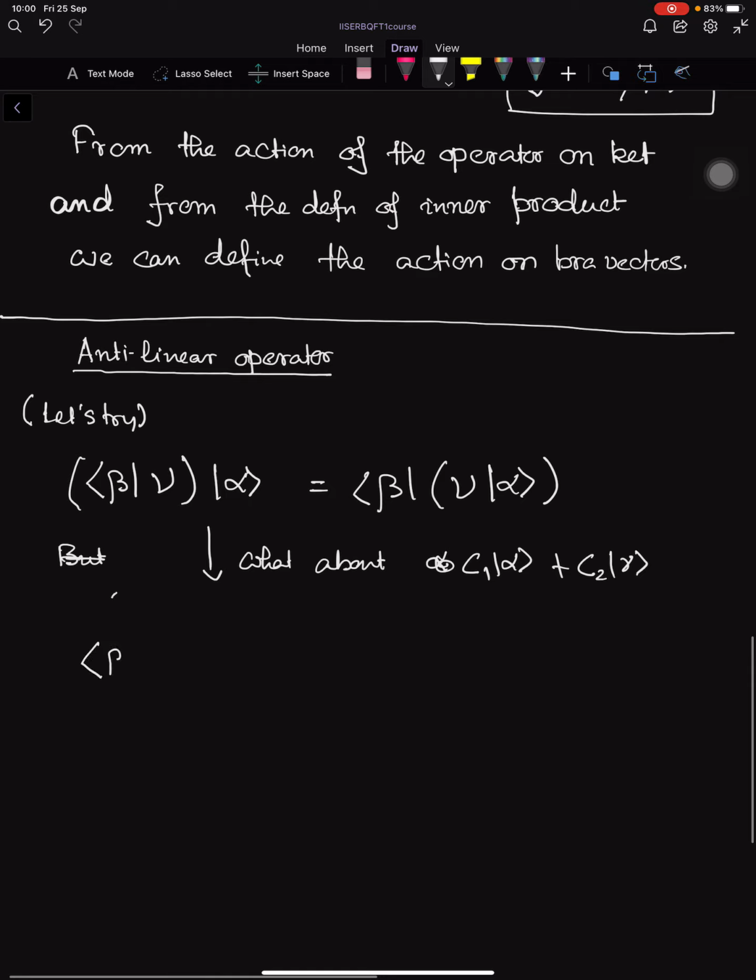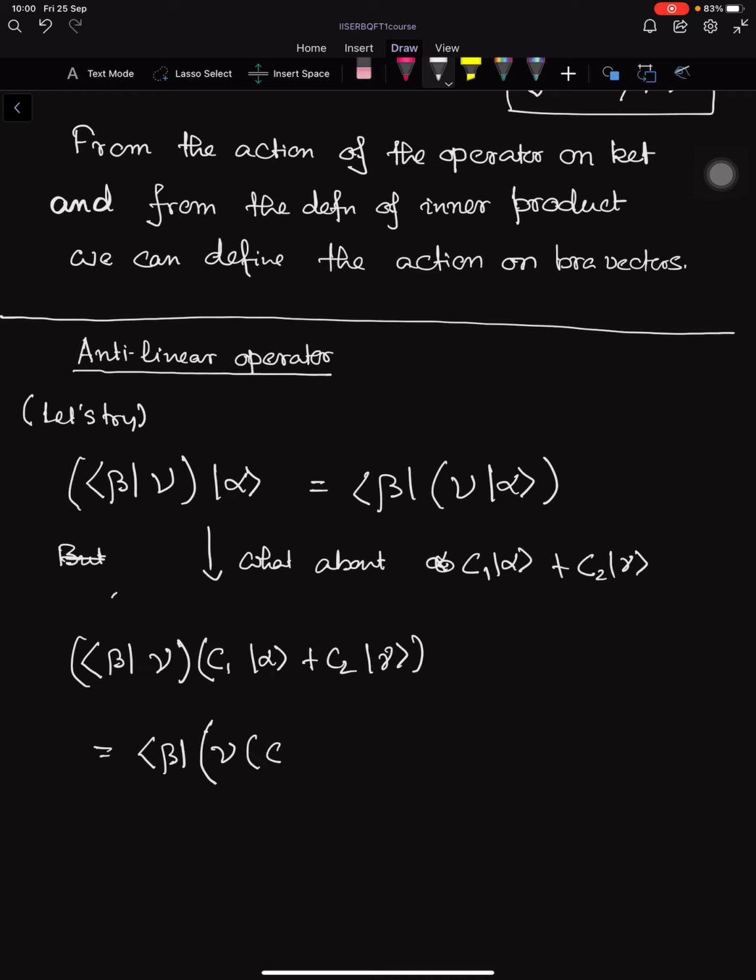Let's say beta V acting on C1 alpha plus C2 gamma. If I had defined it in this way, this will be the same as V acting on C1 alpha plus C2 gamma.